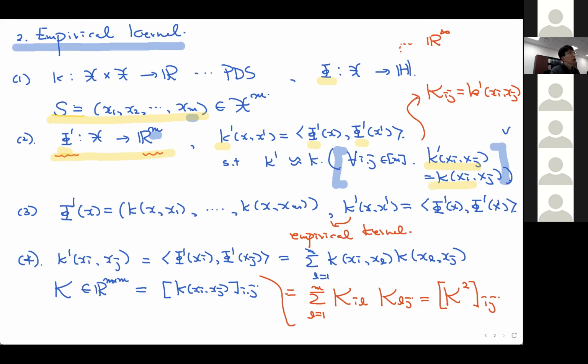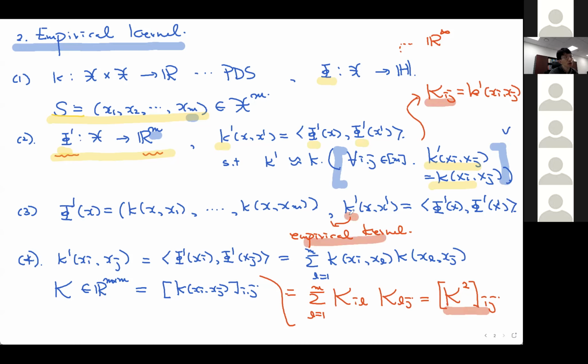Instead of k prime applied to xi and xj being the same as k of ij, we got k squared of i comma j. Okay, and you may just take it as a fact and live with this empirical kernel k prime.